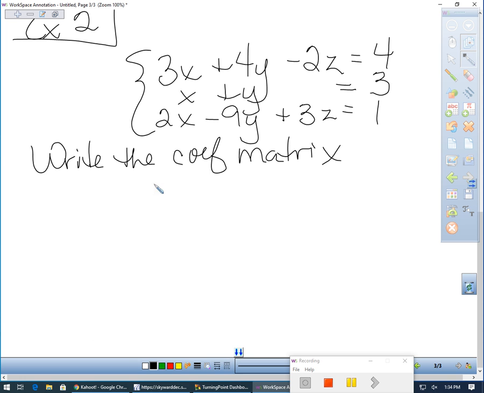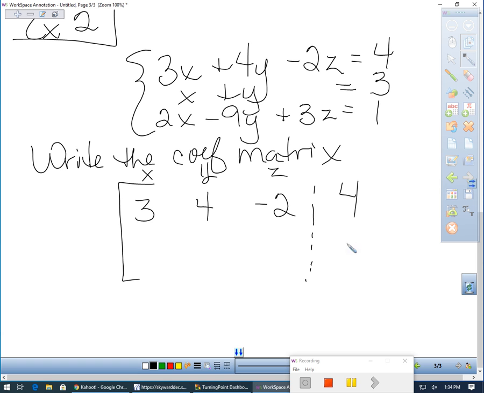Okay? So you're going to put your little bracket. First equation, the coefficients are 3, 4, negative 2, and it's equal to, if you want to think about that dash line, 4. Now these have to line up. So the first column, of course, is our x's. Second column, of course, is our y's. Third column is our z's, right?